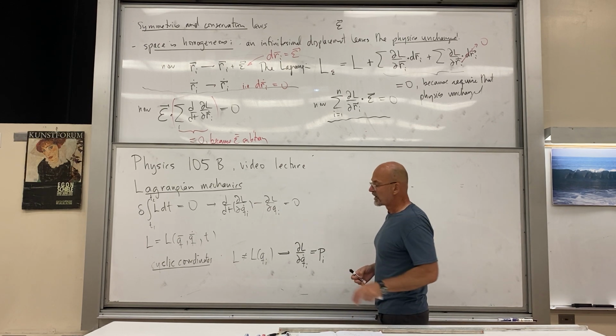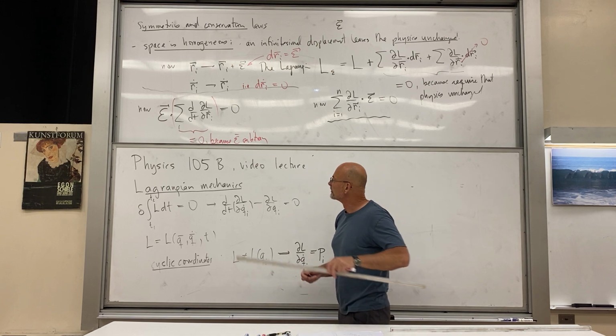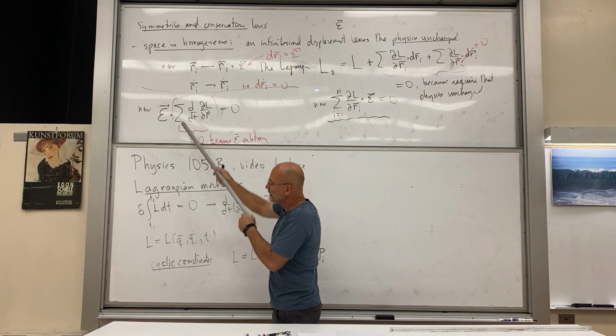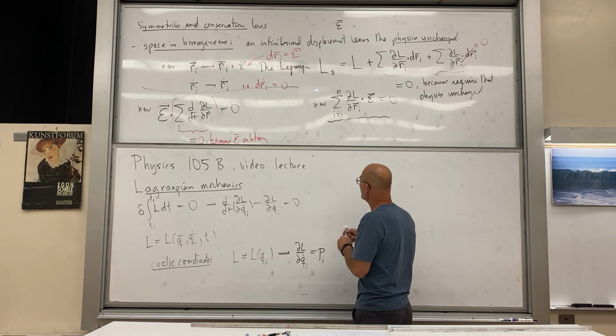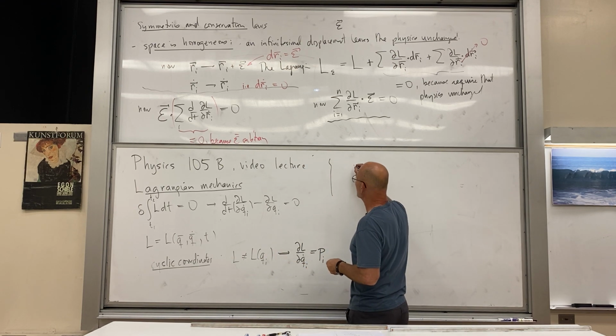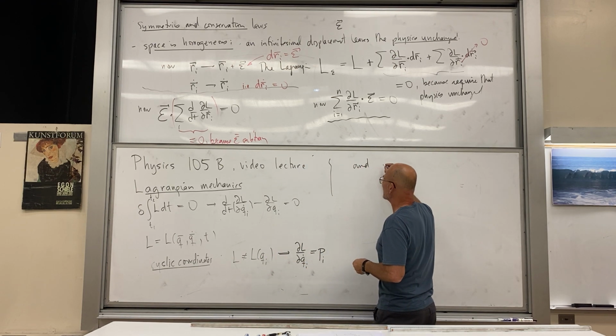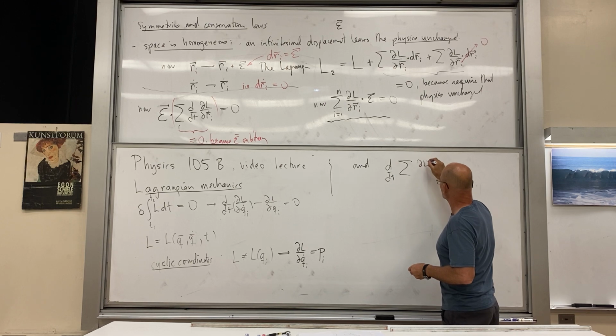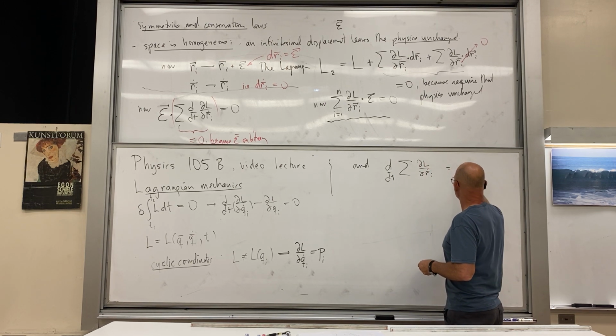Okay. So now I can do two things. I've called this thing 0, and I can pull the time derivative out. So now we can say, continuing that thought, the time derivative of the sum of dL dri dot is equal to 0.